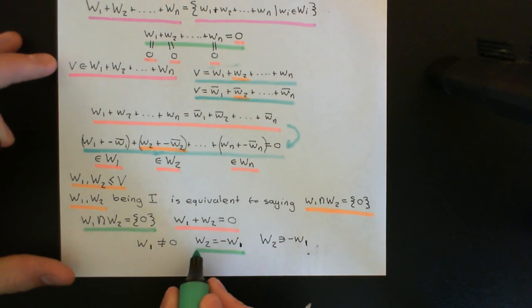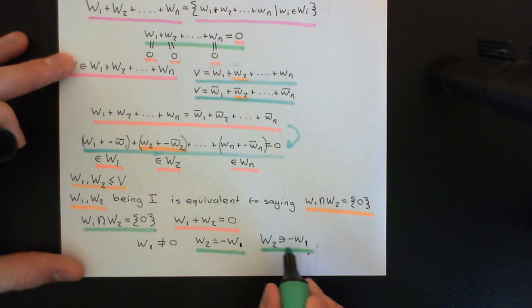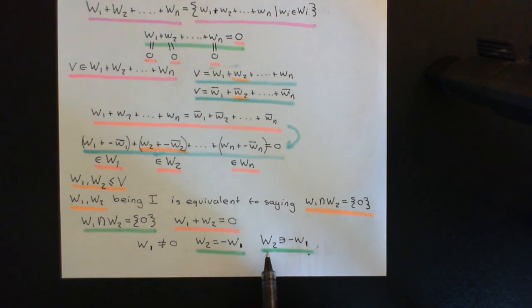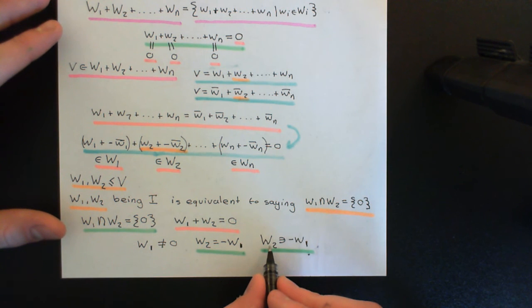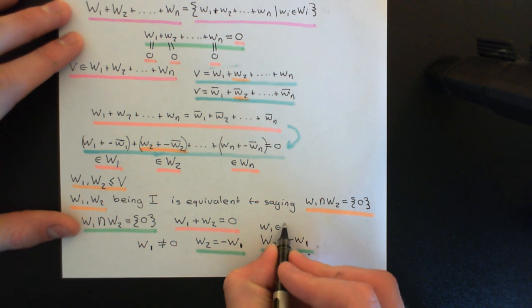Because little w2 came from the subspace capital W2, it means that the additive inverse of w1 must be an element of capital W2. But because subspaces are closed under addition, that must mean that this subspace capital W2 also contains capital W1.